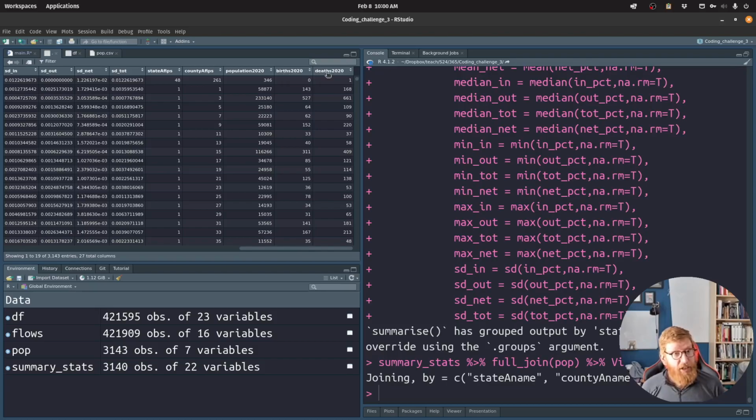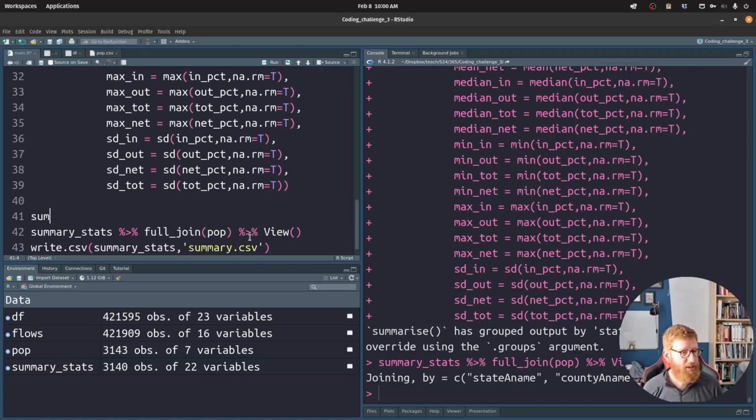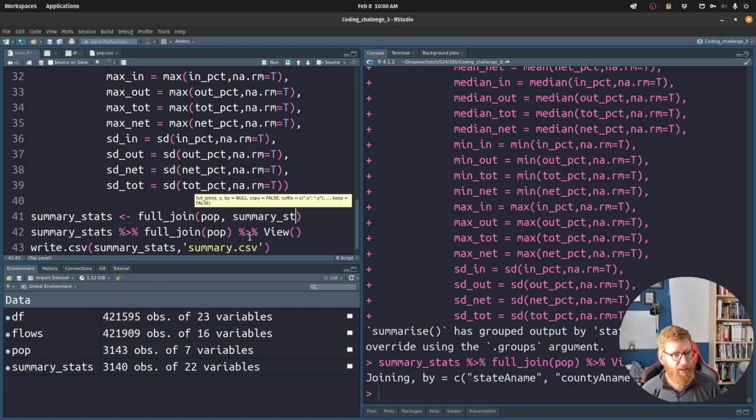So we've got our population, births and deaths. We've got the stuff we calculated. One little tiny thing is I'm going to reverse the order here. So I'm going to say summary stats is going to be pop. Actually, I'm not even going to pipe it. I'm just going to full join pop and summary stats.